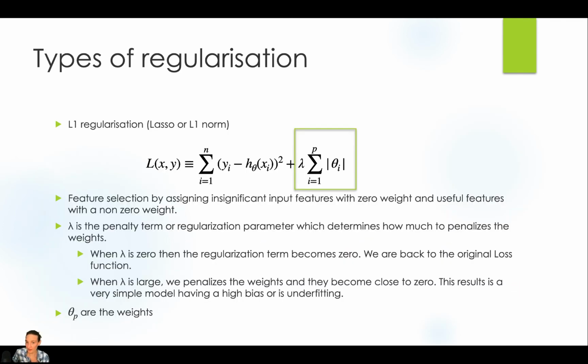We can also regularize. So if we regularize, what we do is we sort of do feature selection by assigning a penalty to insignificant input features. So in our loss function, we add this term, which looks at the coefficients or weights, the absolute value, and depending on your regularization constant, you can penalize more or less.